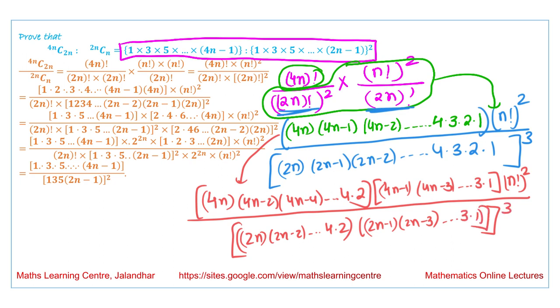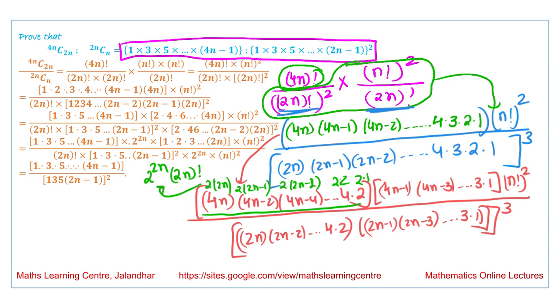Now look at these terms. We can write this as 2 into 1, this as 2 into 2, this as 2 into (2n − 2), this as 2 into (2n − 1), and this as 2 into 2n. The number of terms we have is 2n, so it is 2 raised to the power 2n into (2n)!.